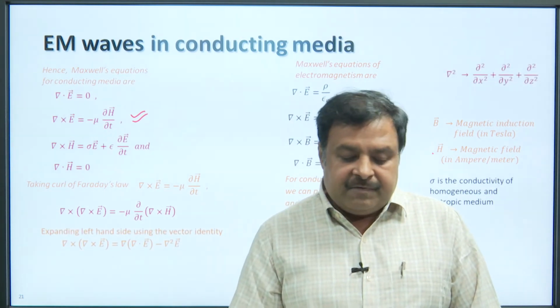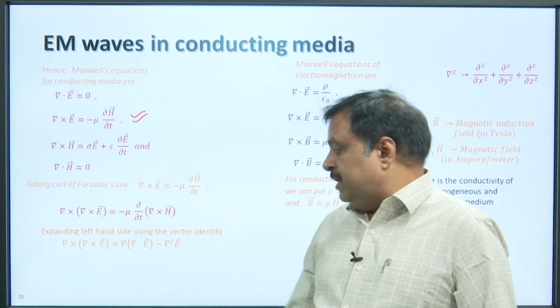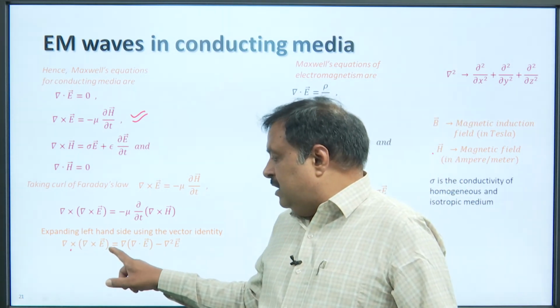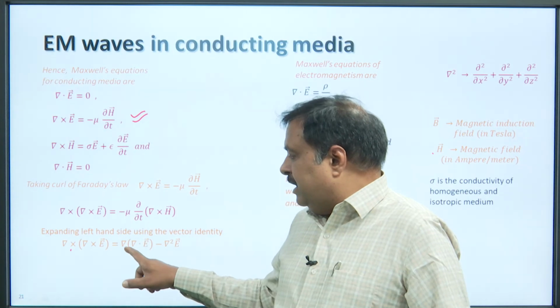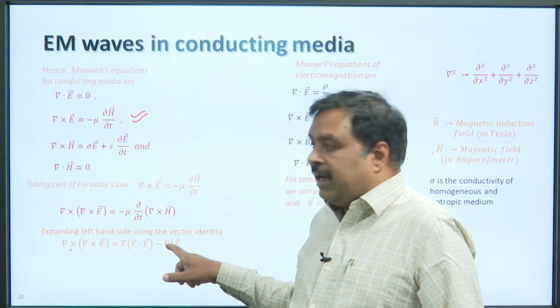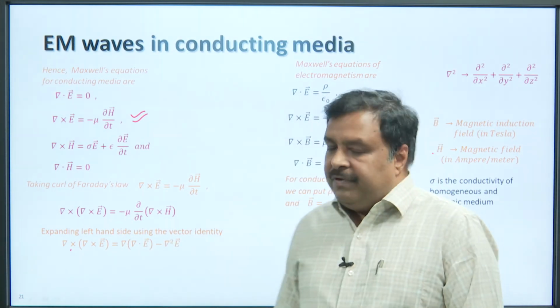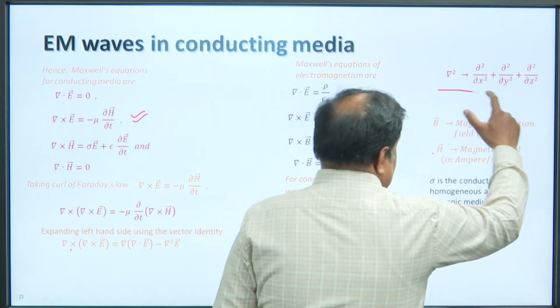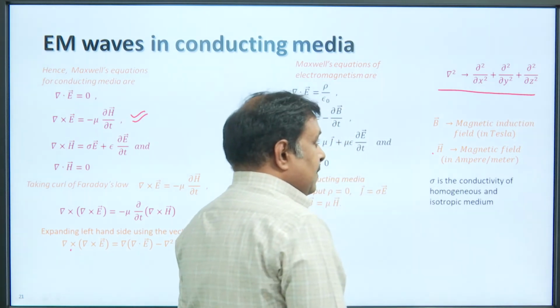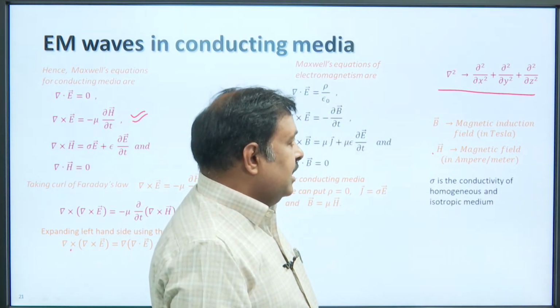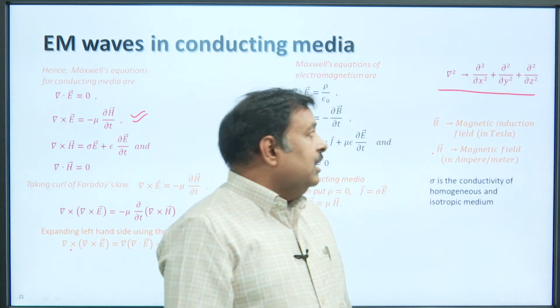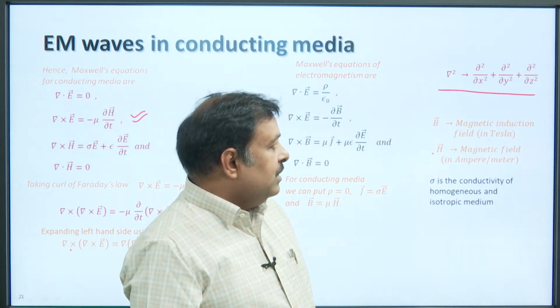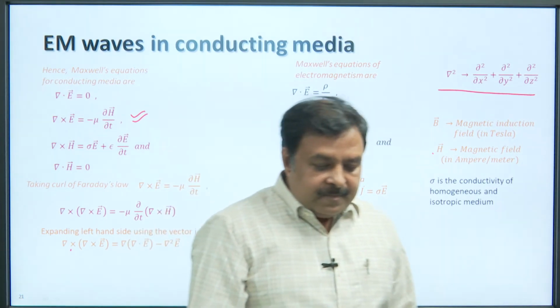we will expand the left hand side using this vector identity. Curl curl E equal to gradient divergence E minus del square E, where the del square operator is defined by this. Del square is equivalent to delta 2 by delta x square plus delta 2 by delta y square plus delta 2 by delta z square.